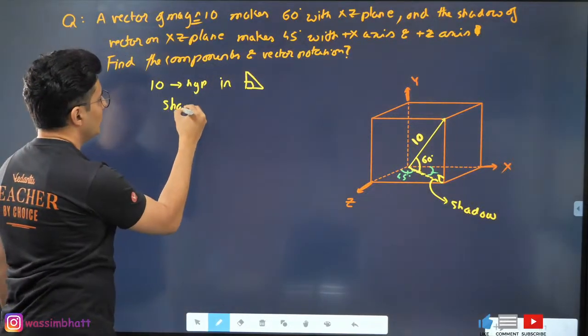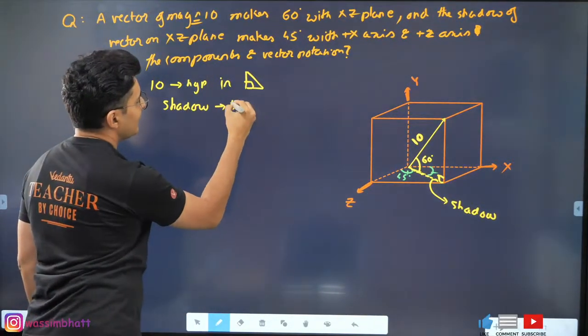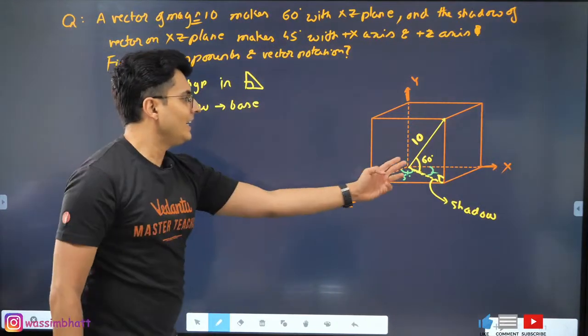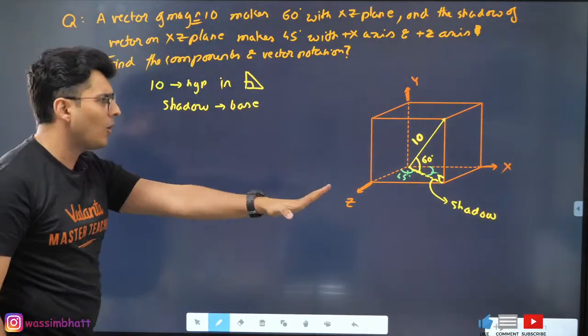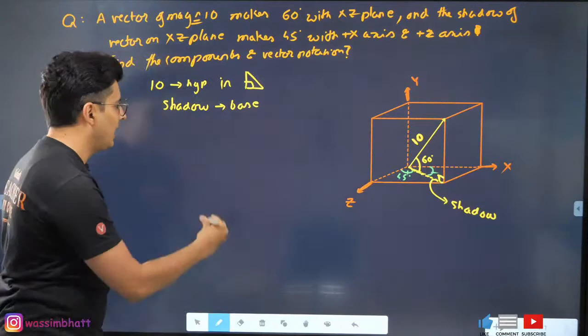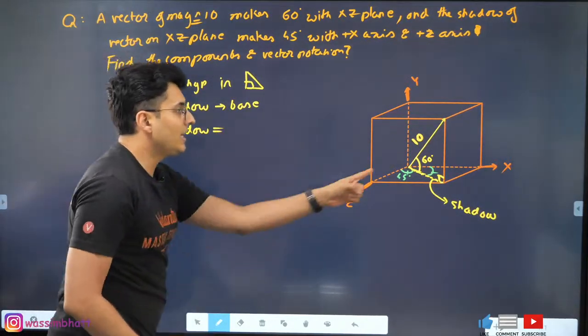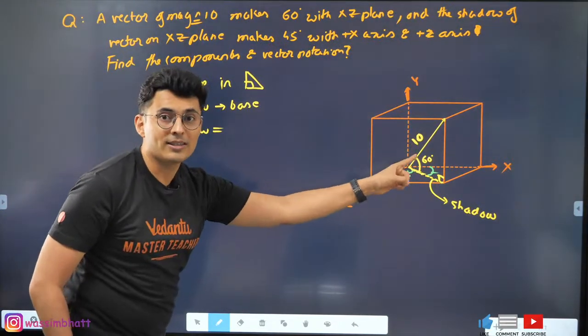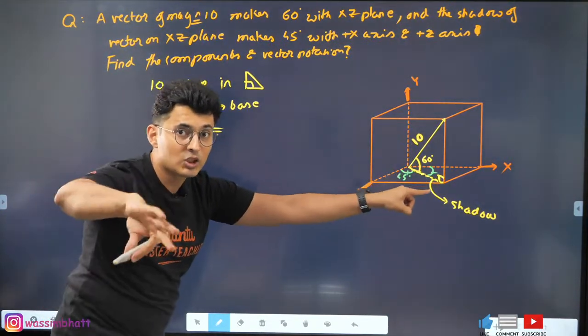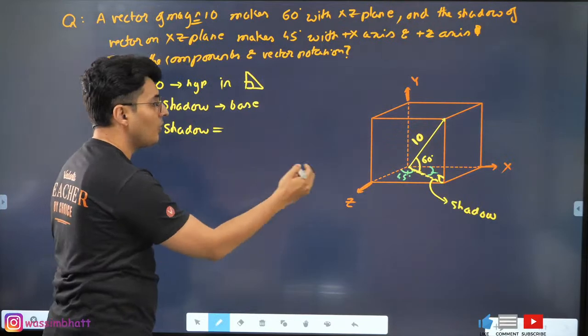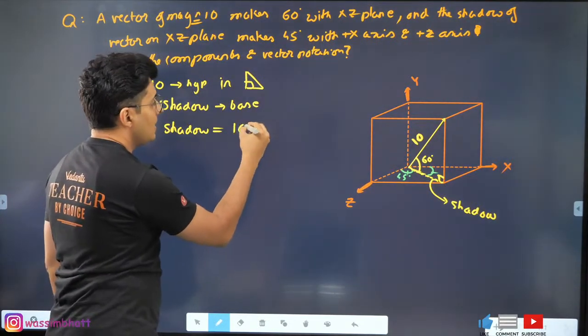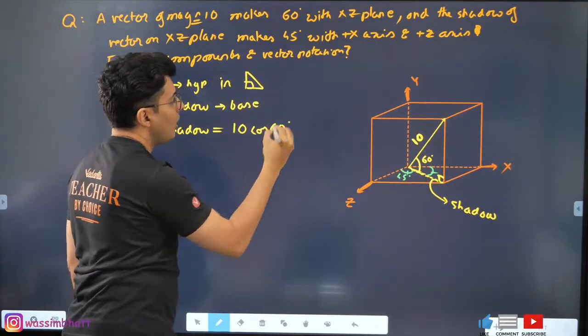The included angle is 60. So we know how to solve this. The length of that shadow is closer to 60, so cos 60. The shadow will be the 10 cos 60 component.